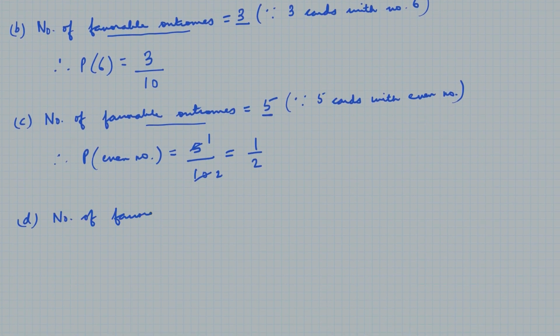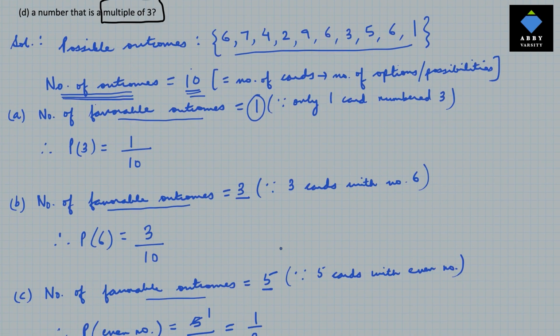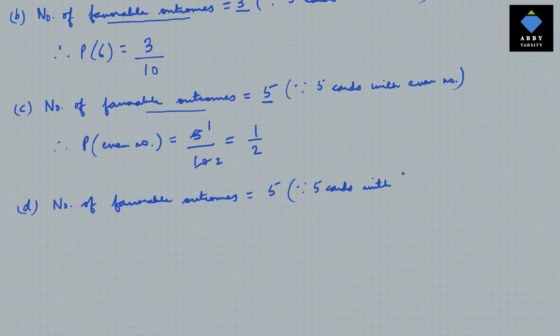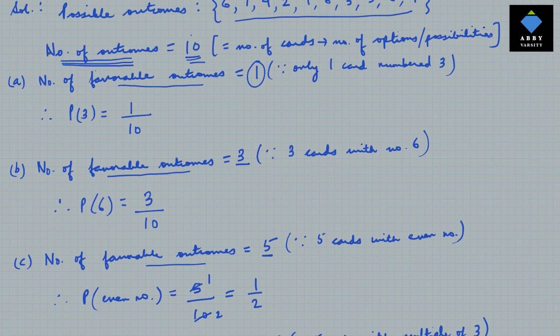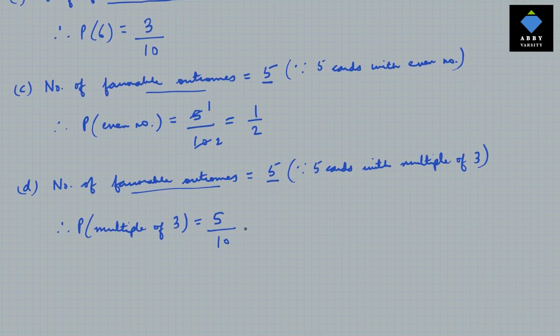Therefore, the number of favorable outcomes will be 5, since there are 5 cards with a multiple of 3. Therefore, probability of getting a card with a multiple of 3 will be equal to number of favorable outcomes, which is 5, divided by the total number of outcomes, which is 10. So, the required probability will be 5 by 10, which when reduced to lowest terms gives 1 by 2.